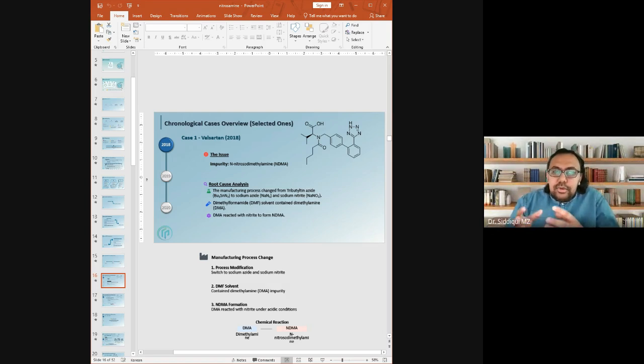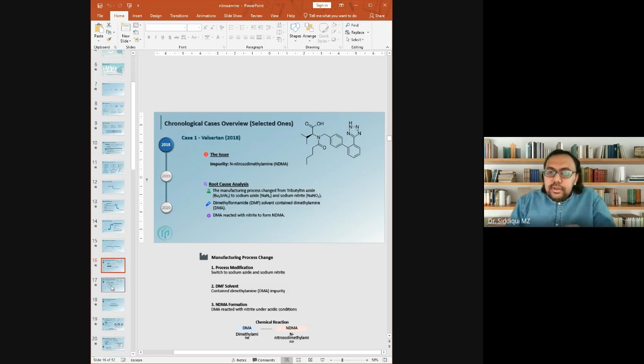The interaction of sodium nitrite with DMF containing dimethylamine created a highly risky environment. As we all know, sodium nitrite is highly reactive, and it can be one of the easy sources for nitrosamine formation. Because there was no appropriate risk assessment, the formation was easily done.